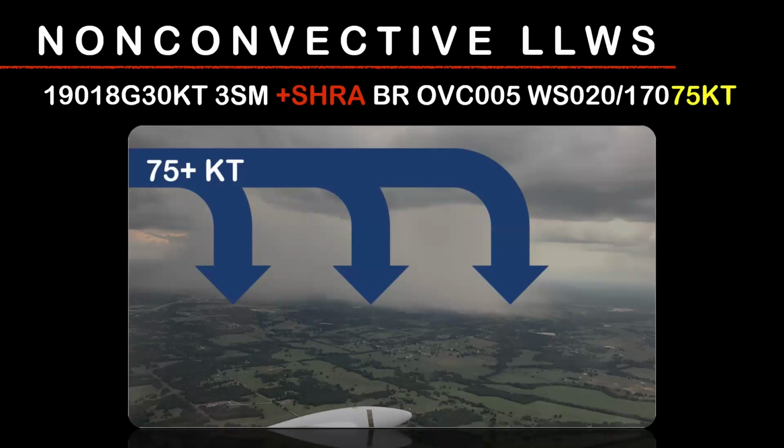You have a heavy rain shower that pushes down through it, and it can turn that 75 knot wind straight down to the ground, producing a downburst or a microburst even, which would ruin your day if you're on short final. So when you couple this with showery precipitation or even thunderstorms, that's when you want to pay close attention. You probably should avoid flying in those particular cases.